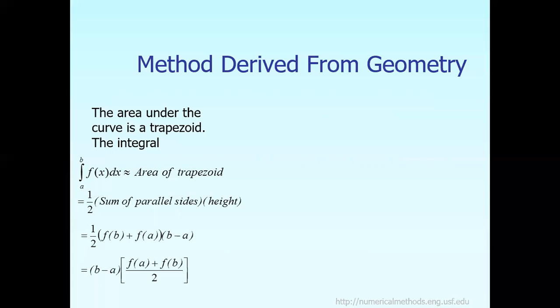Height means the difference between the two limits, the upper limit and lower limit. So 1 by 2 into f of b plus f of a into b minus a. B minus a is nothing but your step size. Then we can write b minus a divided by 2 into f of a plus f of b.